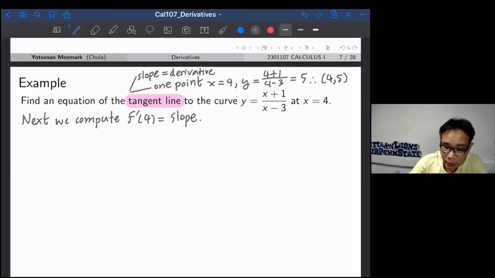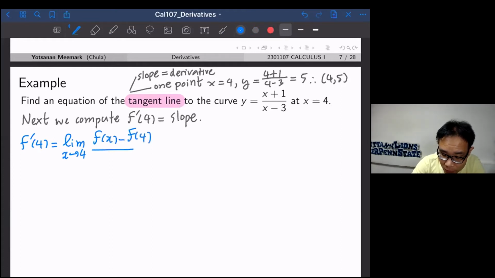So in this case, you're gonna have f prime 4 equal to the limit as x goes to 4 of f of x minus f of 4 over x minus 4. So this is the limit as x goes to 4, where f of x is x plus 1 over x minus 3, minus f of 4, which equals 5, over x minus 4.